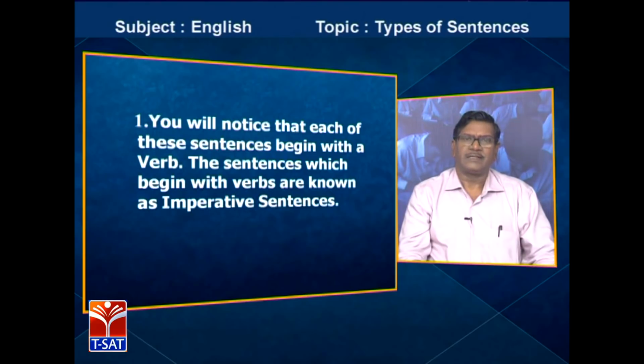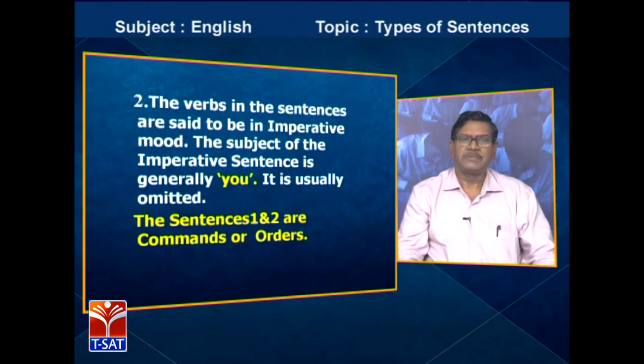Here we notice that these sentences begin with a verb. Sentences which begin with verbs are known as imperative sentences, and the verbs in the sentences are said to be in imperative mode. So, the name imperative is given to them because the verbs are in imperative mode.